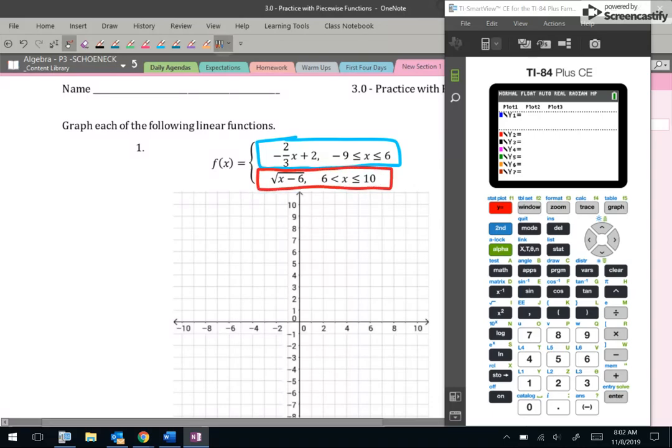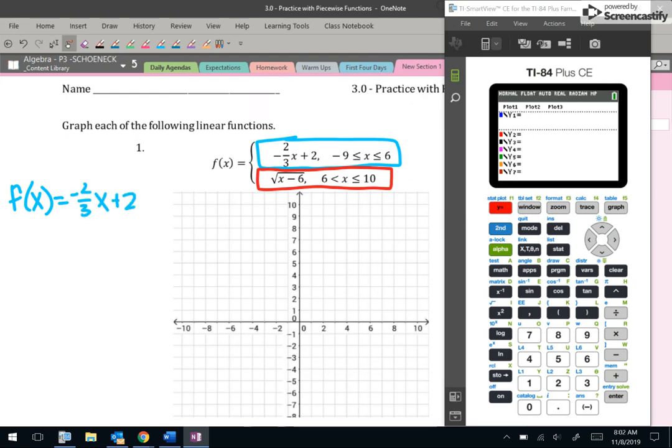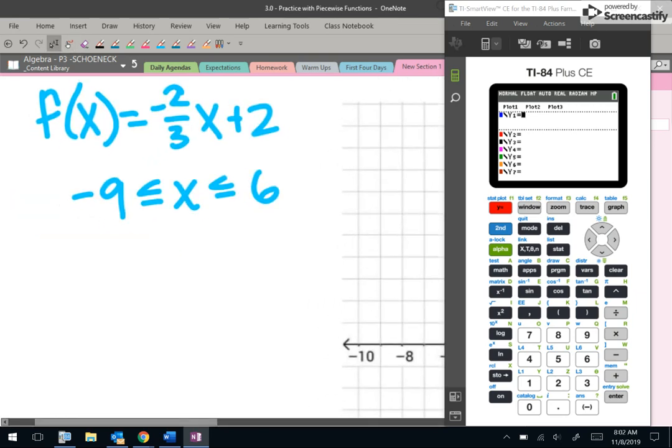Our first equation is f of x equals negative 2/3 x plus 2, on the interval negative 9 is less than or equal to x is less than or equal to 6. Let's talk about this for a second. Remember that when we have an or equal to, it's a closed circle.